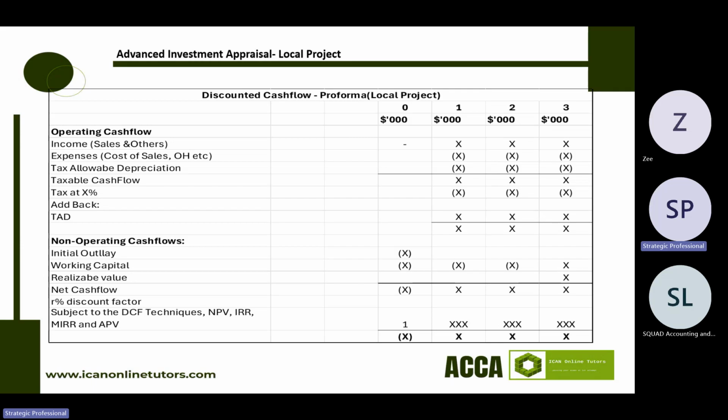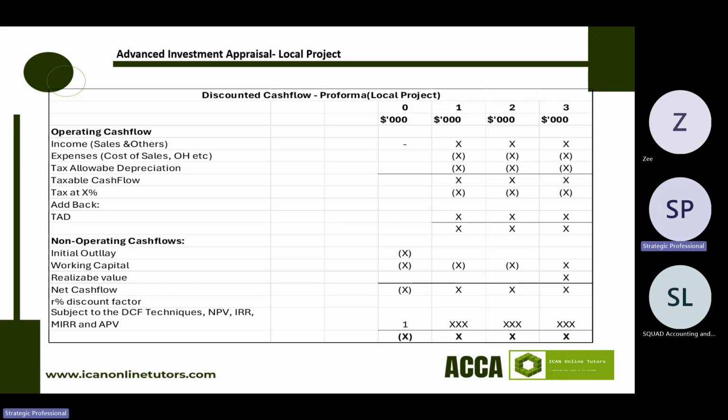So this is usually the flow and the template where we have the income, the expense, the tax allowable depreciation, the taxable cash flow, the tax, and we add back tax allowable depreciation. Then we go to the non-operating cash flow, where we have the initial outlay, which is the investment at the initial stage.